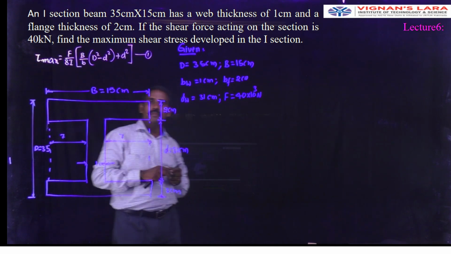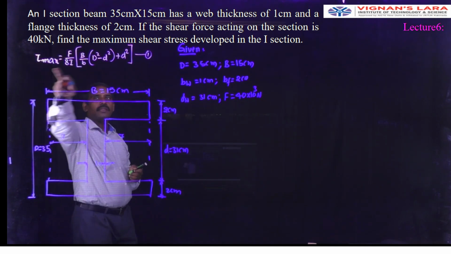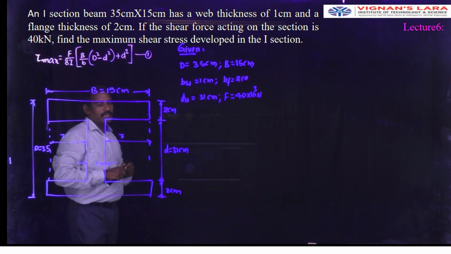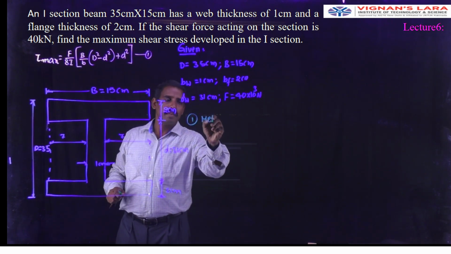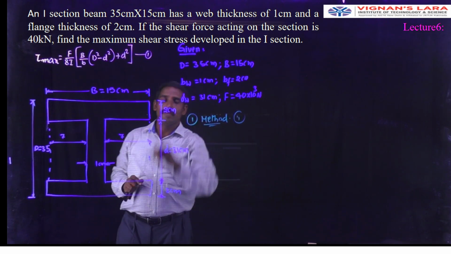This problem may be solved in two different techniques. One is by using this equation directly, or from the geometry. Let us see the first technique, method 1, using the above formula 1.